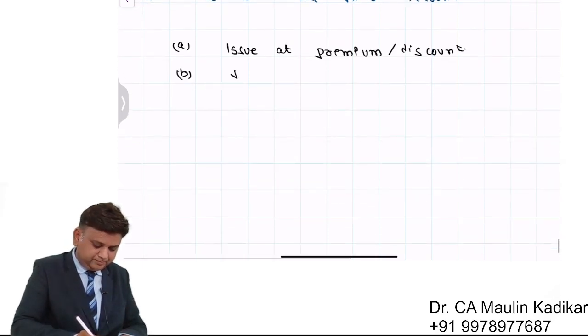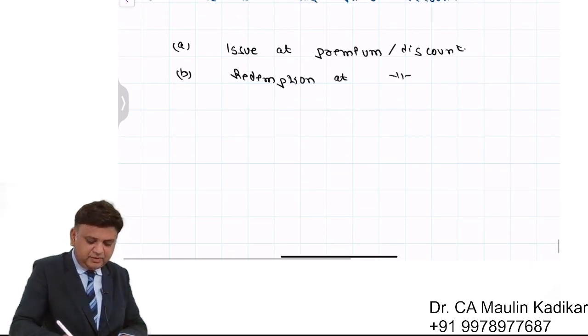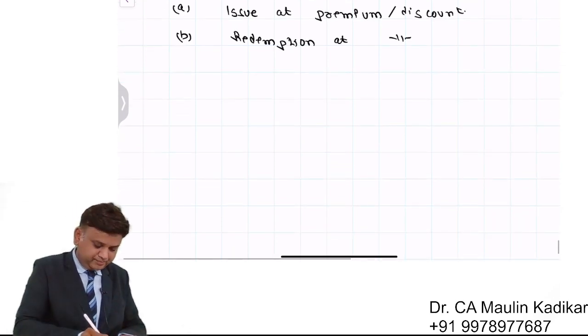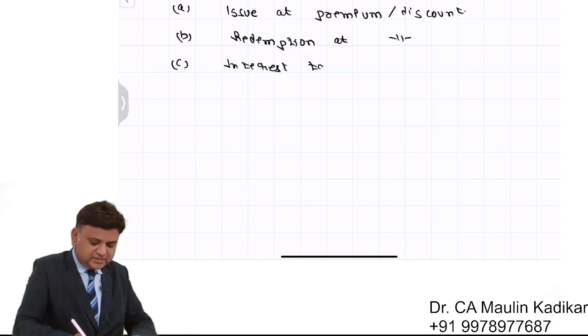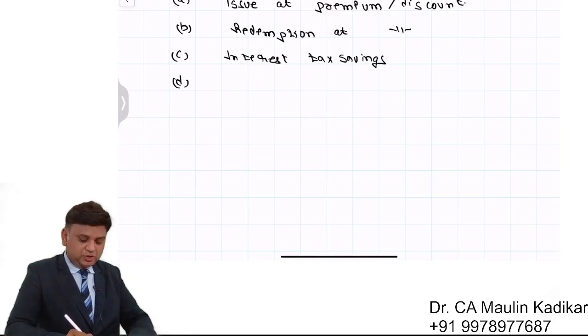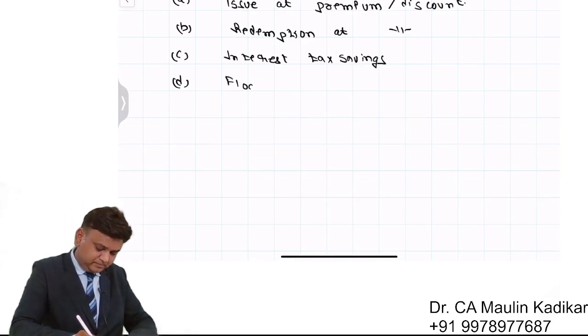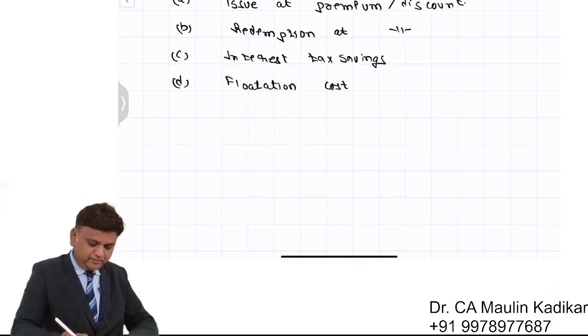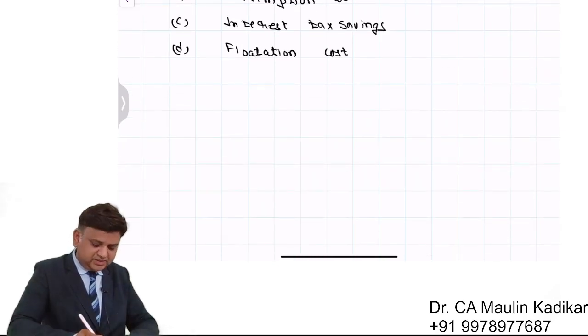B, redemption at premium or discount. C, interest tax saving. D, flotation cost. With paragraph, write down and such other things.